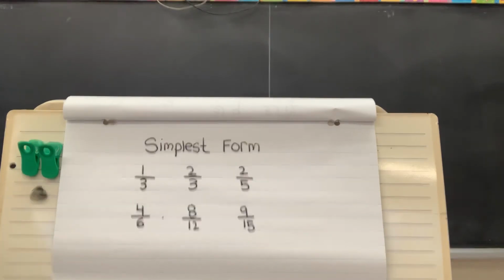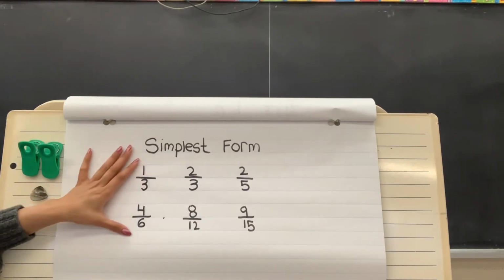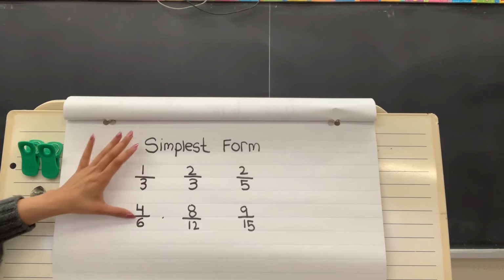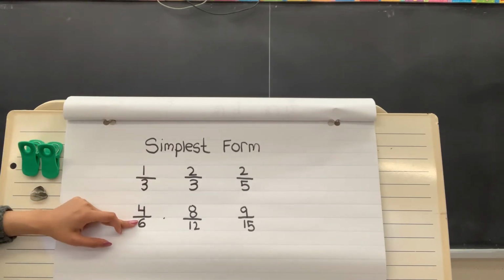Now, you ask me, Miss David, how do we find the simplest form of a fraction? Well, we can keep dividing our numerator and our denominator until there is no whole number that both can be divided by.